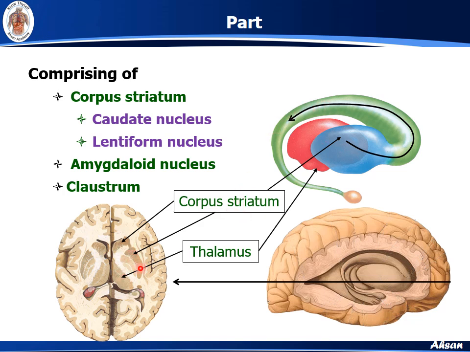You can see the section, this one is the part shown here. The amygdaloid nucleus is situated a bit posteriorly, deep and inferior to the corpus striatum.